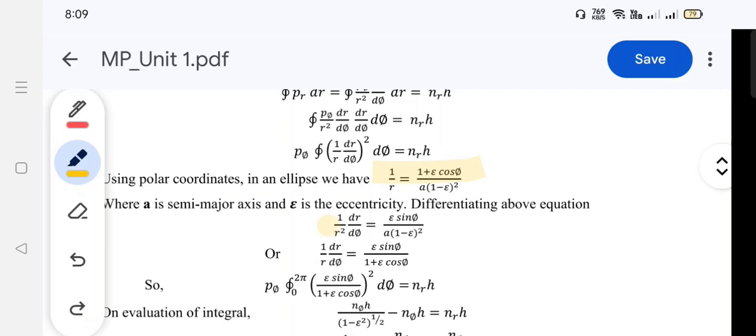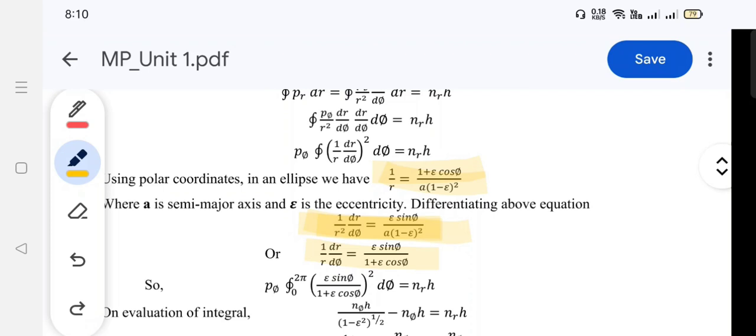On cancellation, we get this equation. Again, if we divide this differentiated equation by the first one, 1 by r, on the left side r square is dropped. Similarly, on the right side a times 1 minus epsilon square is cancelled. So we get this equation.